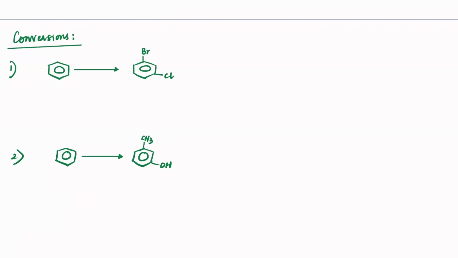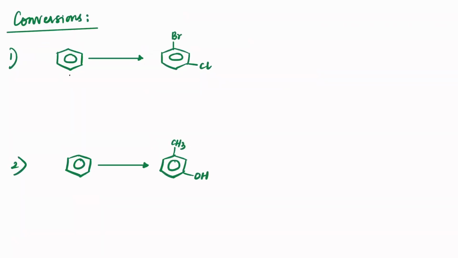First, from benzene, if I want to get bromine and chlorine in the meta direction, these are all NCERT in-text questions. Always use concentrated HNO3 plus concentrated H2SO4. First you will perform nitration, giving NO2.